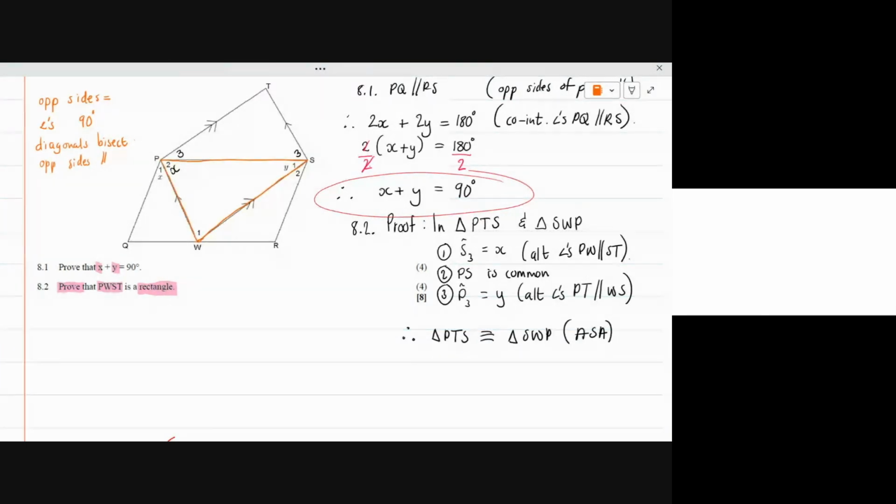What are the interior angles of a triangle equal to? It's an easy question. Interior angles of a triangle will equal 180. But before, what we proved is that x plus y is equal to 90 degrees. How much is left for that angle there? How much would W1 be equal to?